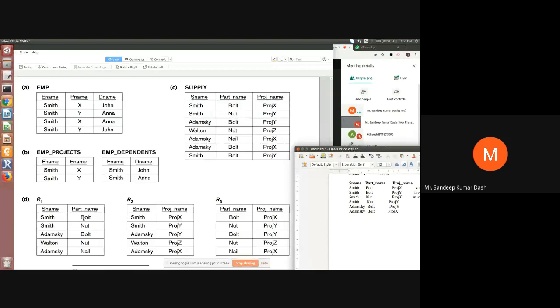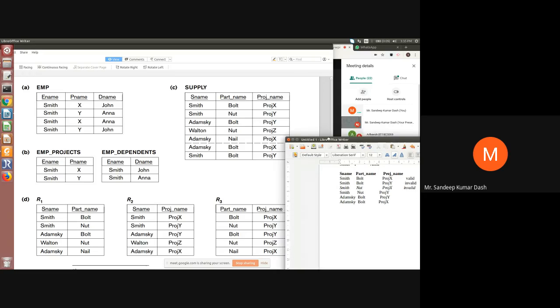Suppose Smith bolt will be combined with Smith project X. Okay, then these two can be combined with, suppose for Smith I am considering Smith bolt. That means you have to combine one by one. R1 will be combined with R2. That result will be combined with R3.